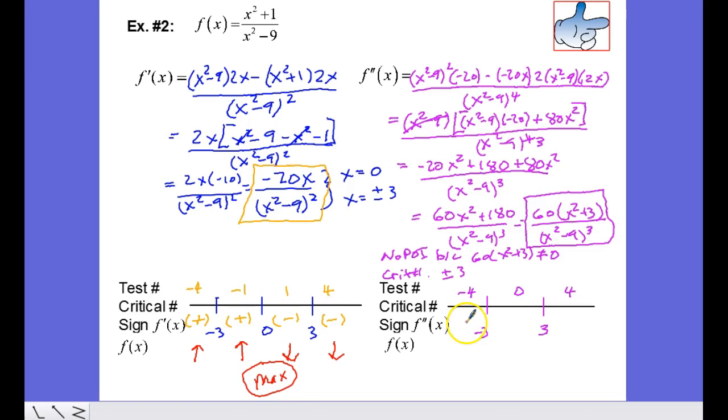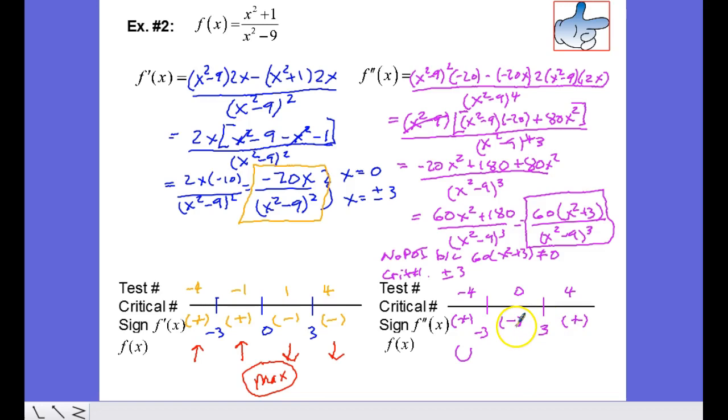And so we get a positive value when we substitute -4 into the second derivative. We get a negative value when we plug in 0, and we get a positive value again when we substitute 4. Now, what does this tell us about f of x? Well, since f double prime is positive on this interval, the function is concave up.